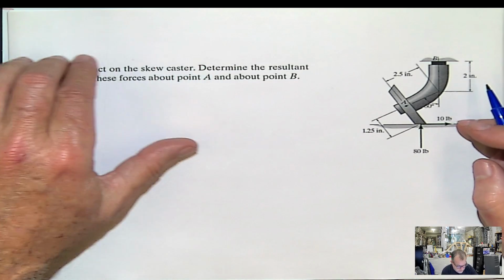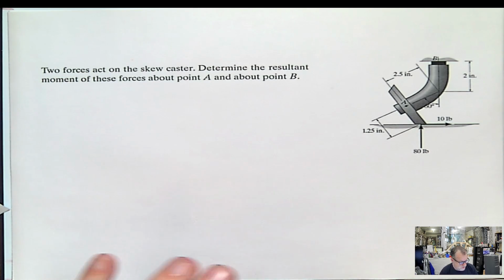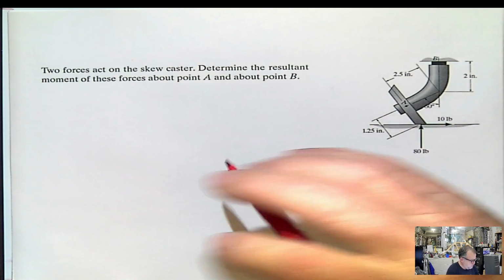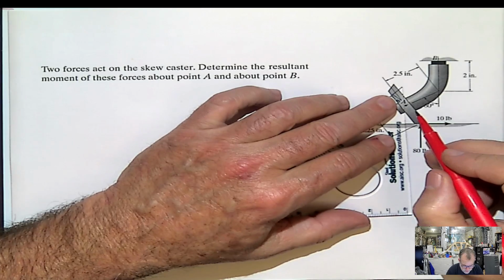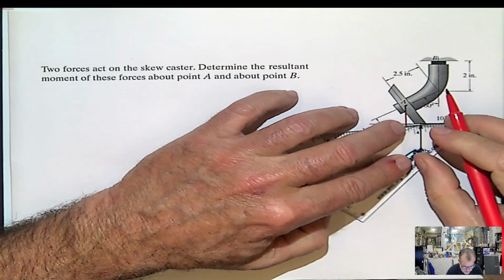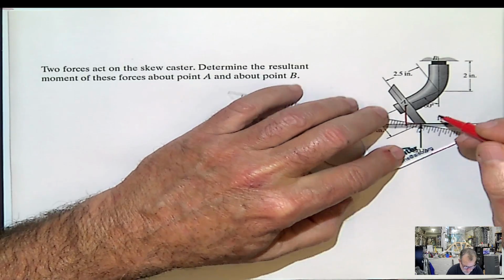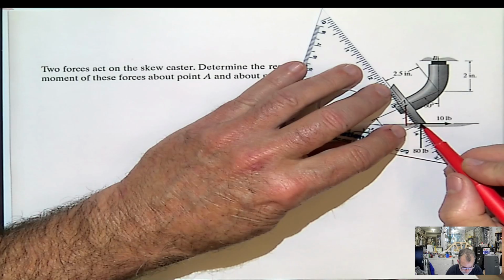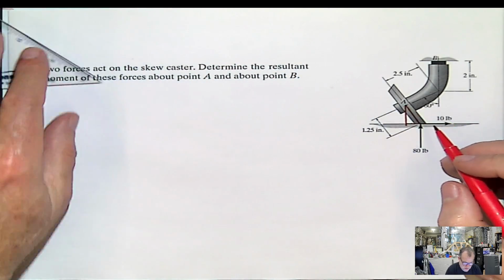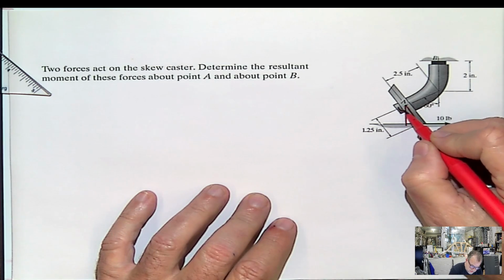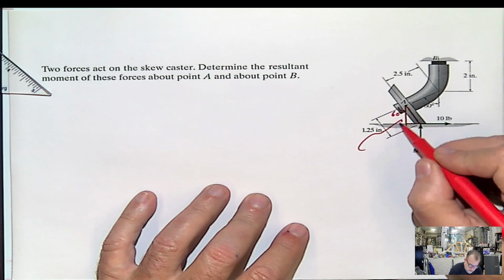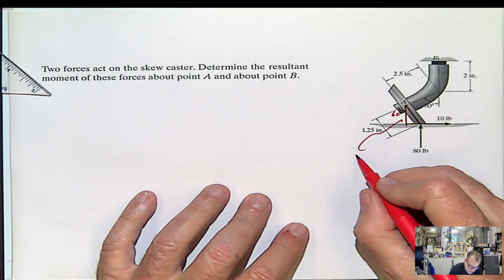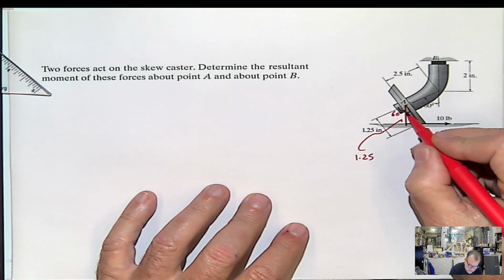So besides that point, the question is asking just to find the resultant moment with respect to the point A and with respect to the point B. So starting with the point A, the only thing that I need to do basically is find these distances working with this geometry triangle here. I know this angle is 60, meaning I know that this part is going to be 1.25 cosine 30, because this is 30.